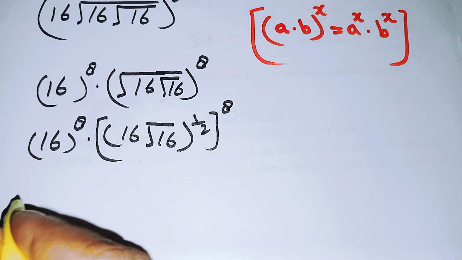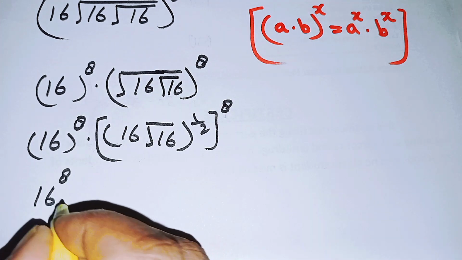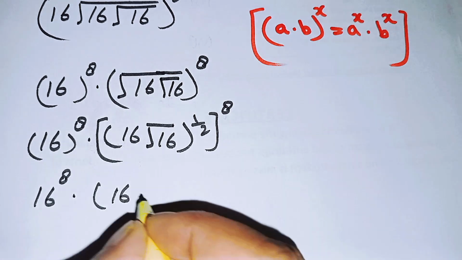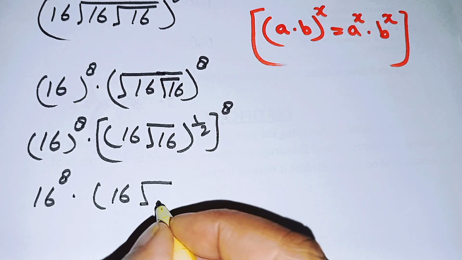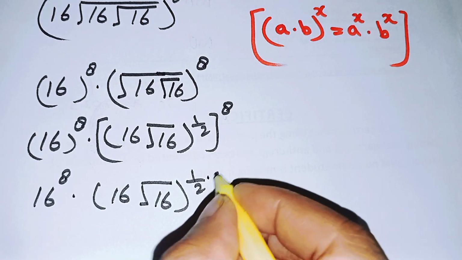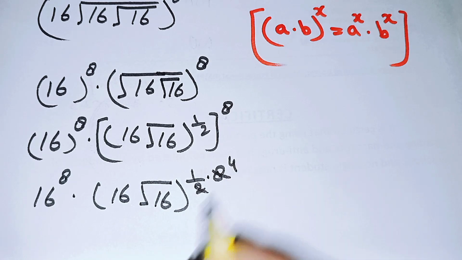And now here in the next step is 16 to the power of 8, and then times 16 and square root 16, and now this 1 over 2 times 8, and this 2 divided by 8 is equal to 4.